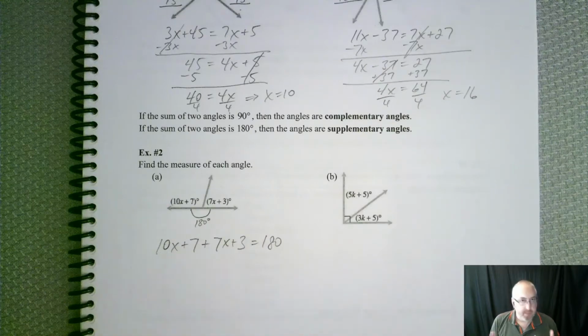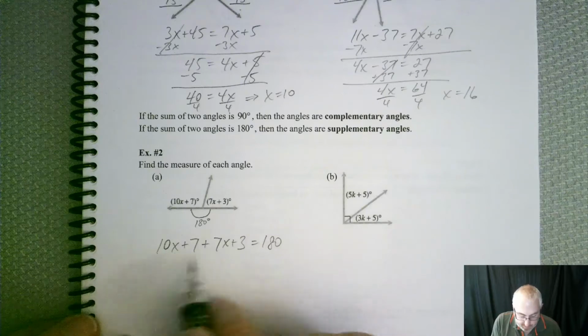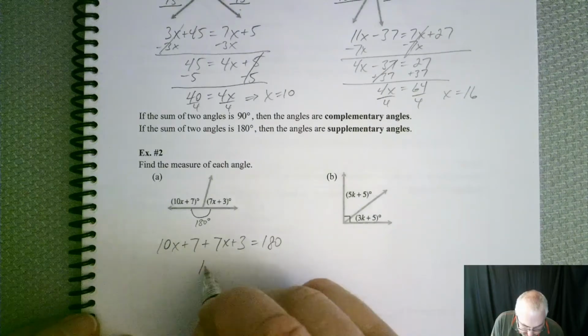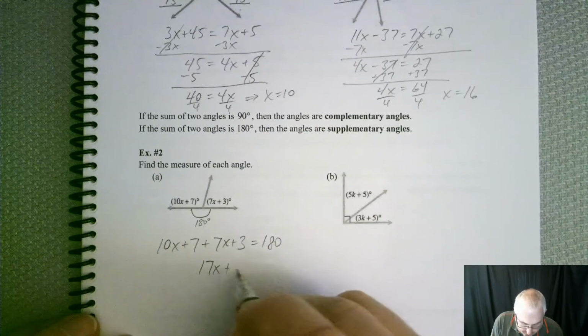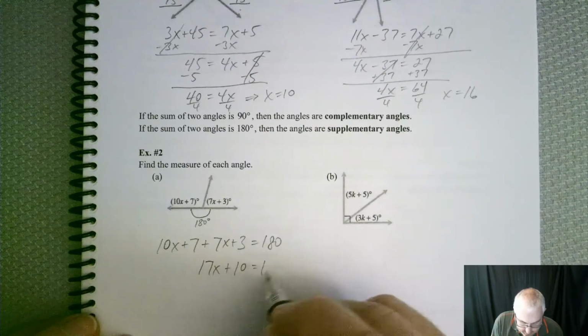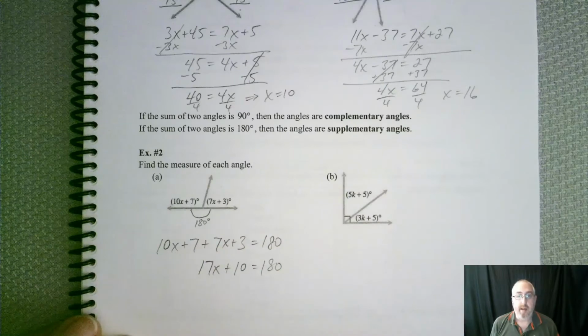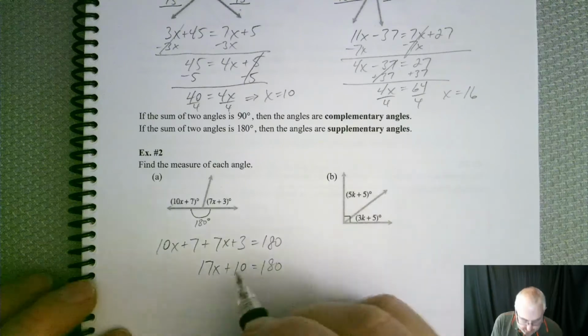So now we got to just be careful when we simplify it down. If we combine our x's, we're going to get 17x. If we combine our numbers, we're going to get a positive 10. So that gives us this, 17x plus 10 equals 180. A couple more steps.